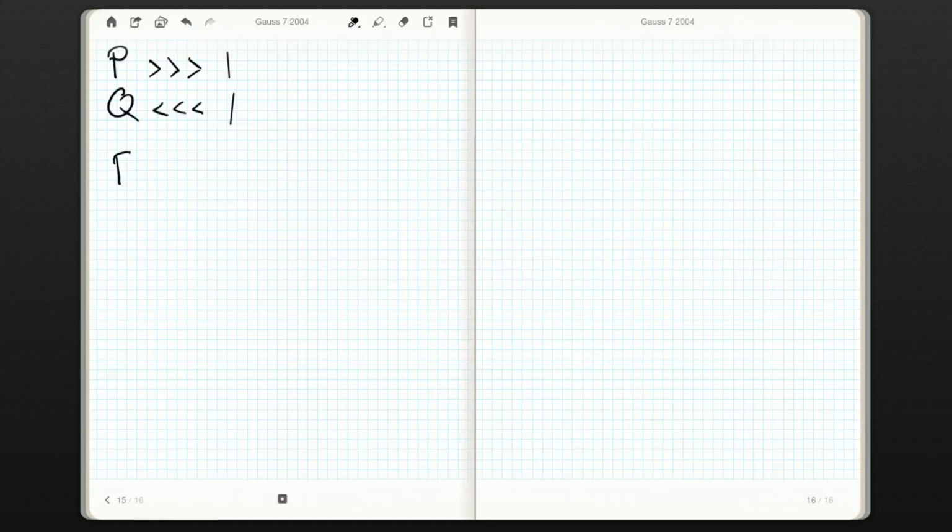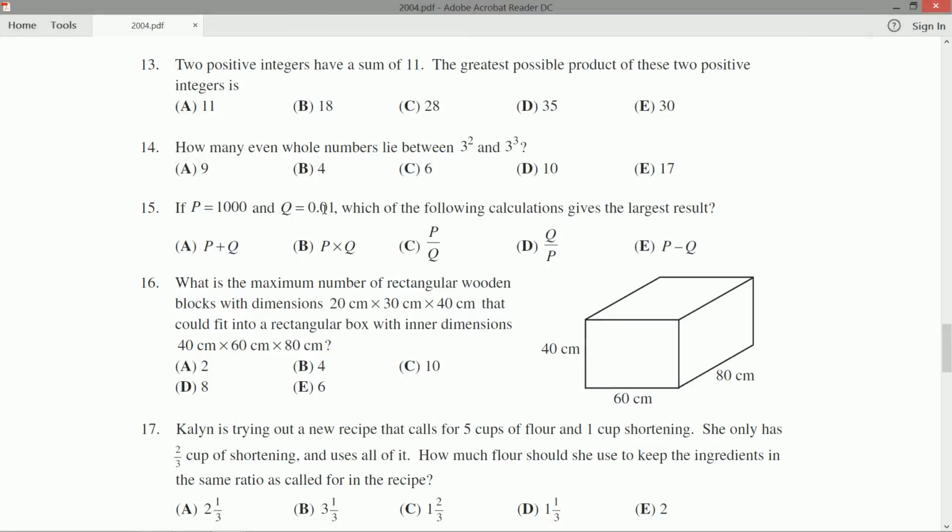A big number plus a small number is basically the same as the big number. The small number doesn't really add anything. Same thing if I took the big number minus the small number. It's basically the same thing as P. That's why we use the wavy equal sign. So that's A and E carried away.